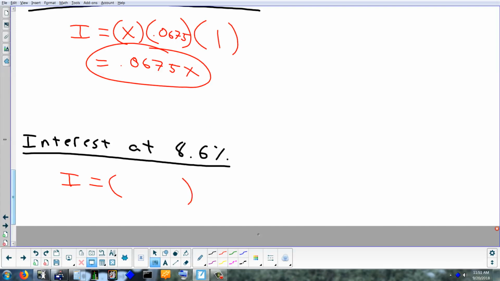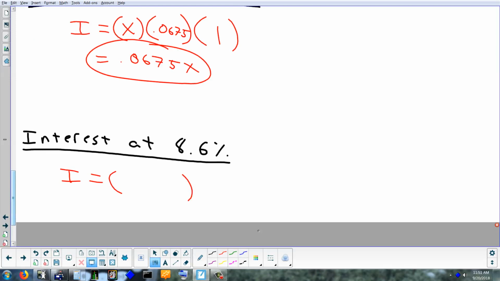Okay. Now, how much money did Bill have to invest originally? He had $20,000. He already put some of the money in the other investment. So, how much money does he have left to put in the 8.6%? Yep. I like the idea of subtracting. We're definitely going to do something with subtracting.